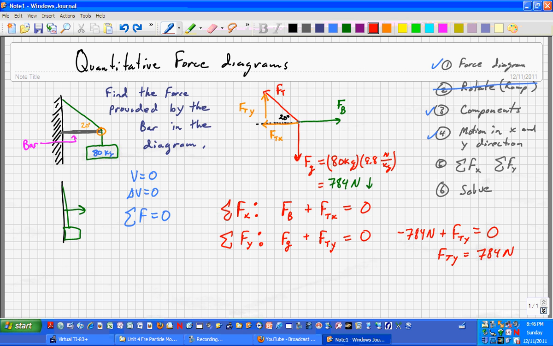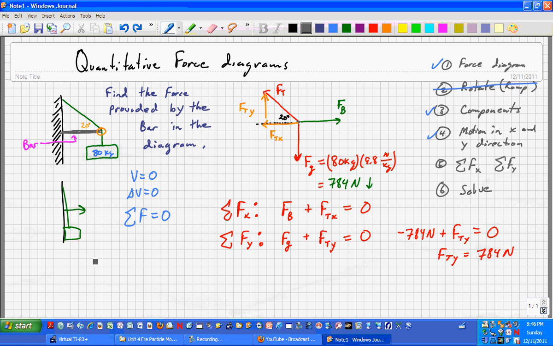At this point, using SOHCAHTOA, I can go ahead and calculate that tension force. I have the leg and an angle, so I can go ahead and get the hypotenuse. Let's do that as a sidebar over here.